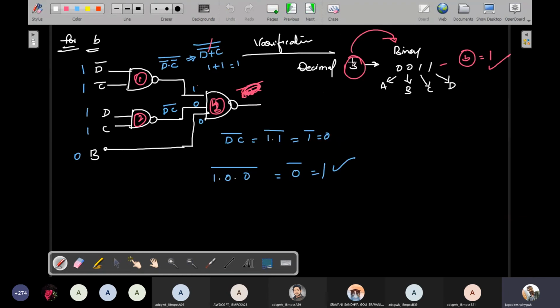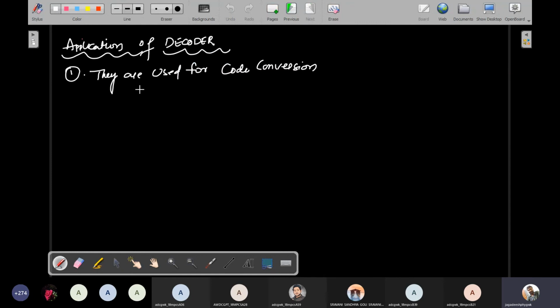I consider this is the code, my code is right now 3. This code I convert into a small output, that is nothing but 1 or 0. Actually I get 3. This is my code, I will convert that code into a binary digit by using these decoders. So that is the purpose, they are used for code conversion.